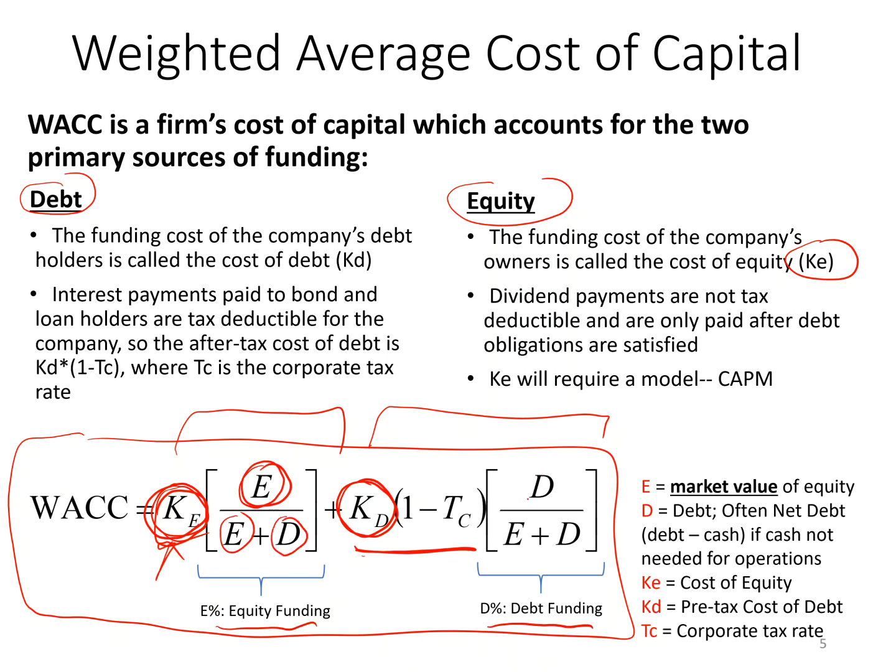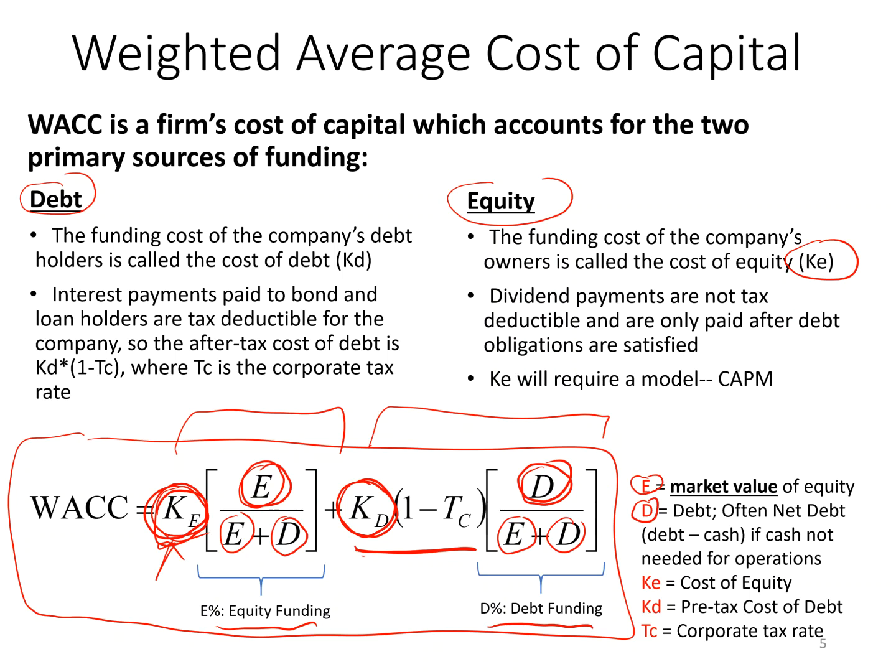And then you're going to weight the after-tax cost of debt by the value of your debt over equity plus debt again. So that E in this equation is the market value of your stock. That would be the total number of shares outstanding times the market stock price. D is the value of your debt.